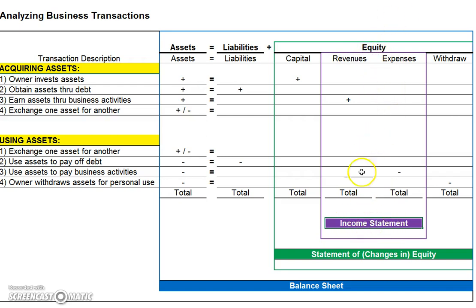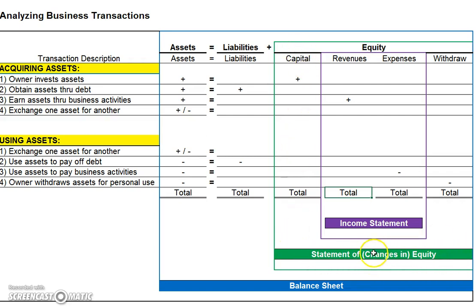So that goes on our income statement. And then net income, which is the excess of our total revenues over our total expenses, would give us a positive net income. Remember, if we happen to have expenses greater than our revenues, that would create us to have a net loss.